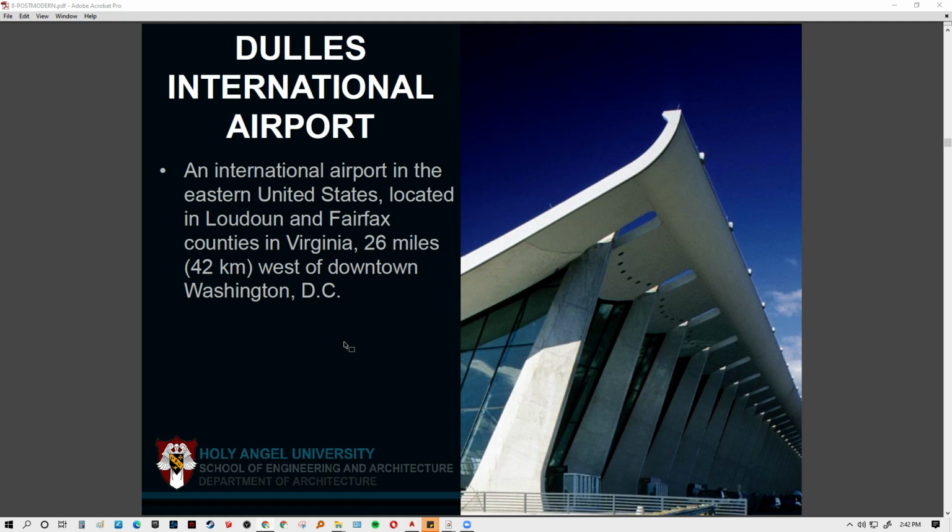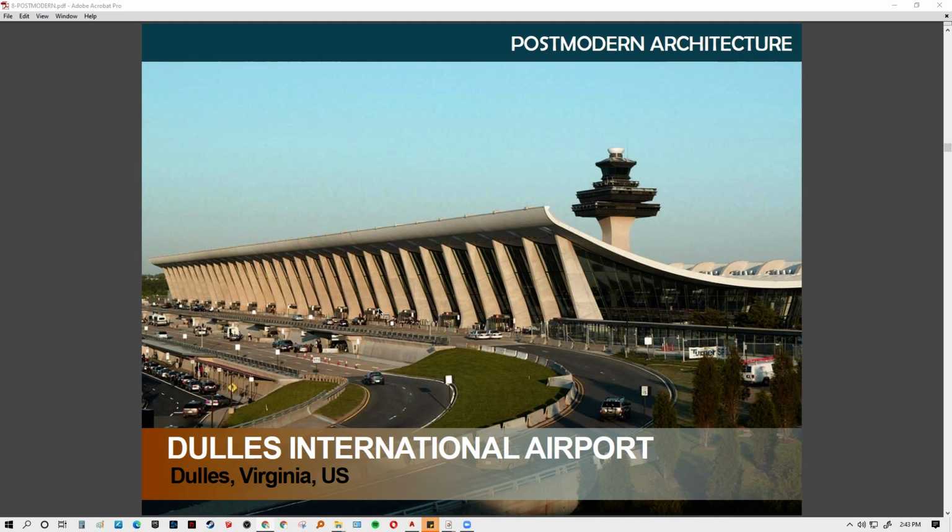So basically, his prominent designs were used with airports. So this is in the United States, located in Loudoun and Fairfax, so around Virginia. Again, with his approach with the TWA, the thick concrete columns with some steel framings, and the curved roof.